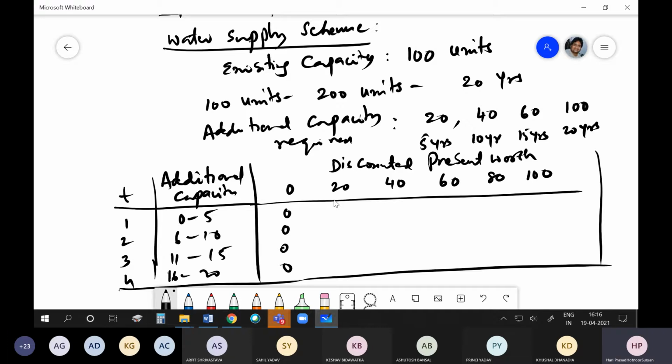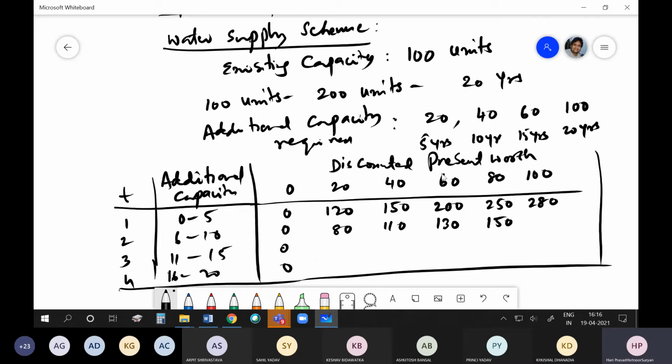If I increase by 20 units in the first 5 years, the present worth for that is 120. Then 150, 200, 250 and 280; 0, 80, 110, 130, 150.